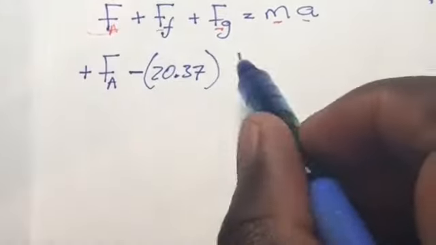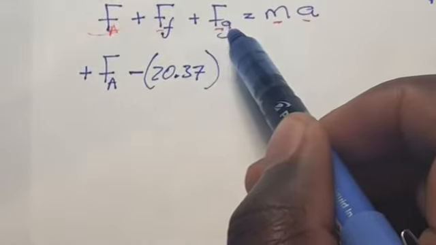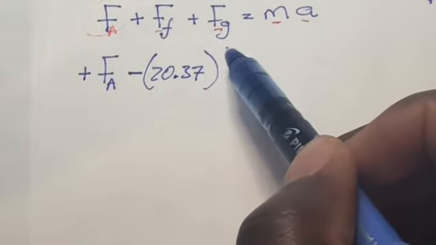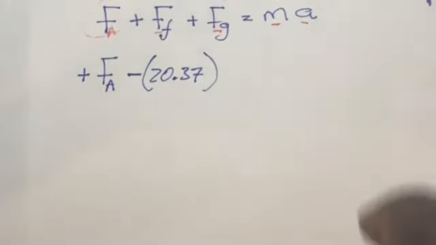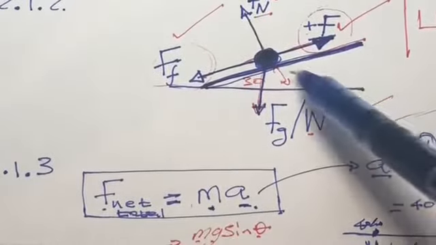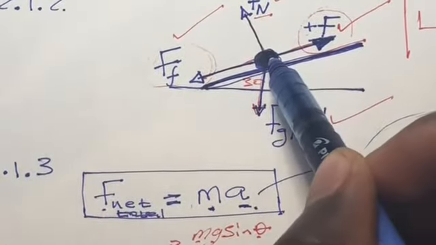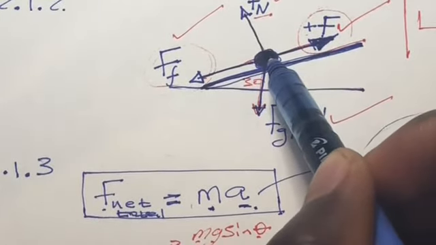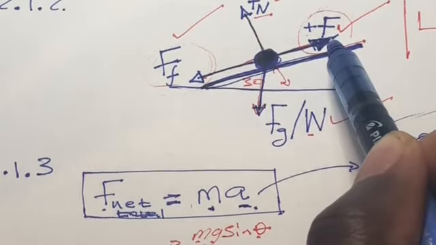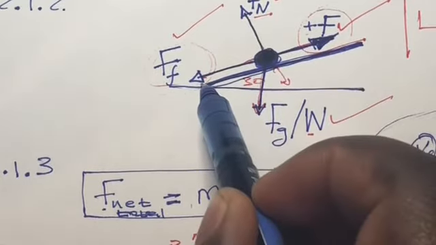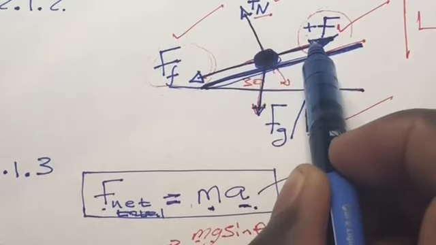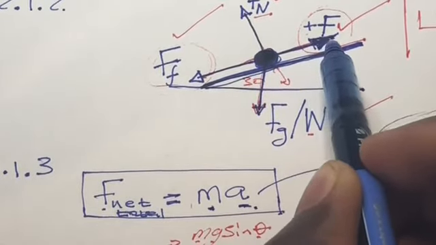So again, is the force of gravity acting in the direction of the applied force or in the opposite direction? You can see, guys, it's obvious from the statement. The applied force is acting upwards, because remember, they indicated that this object P is moving up an inclined surface.